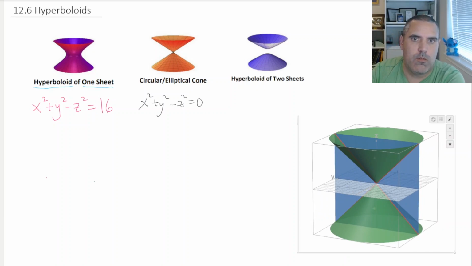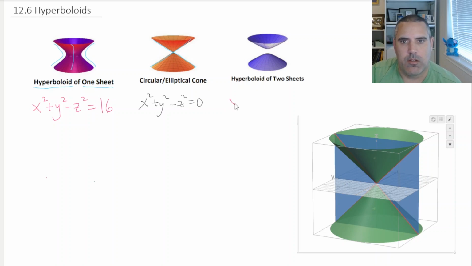So even though this one looks like hyperbola, hyperbola, and it also looks like that from the front and the back, this one's technically not a hyperbola. When you get to 0, it's 2 lines, but everywhere else it is. So I still say the traces are hyperbola, hyperbola, circle.